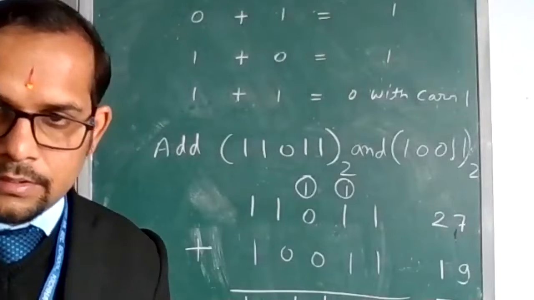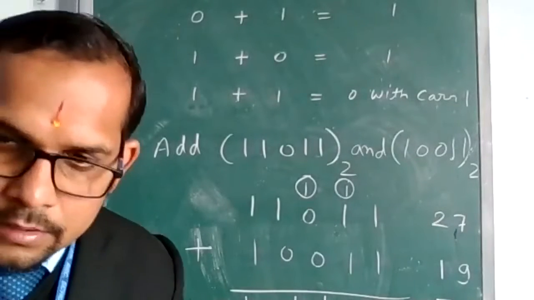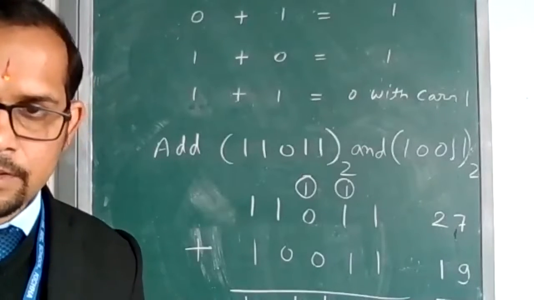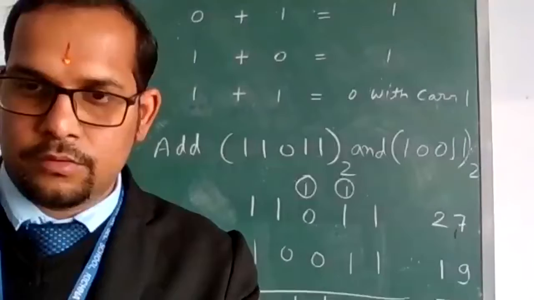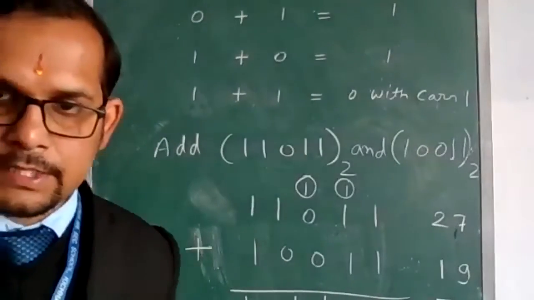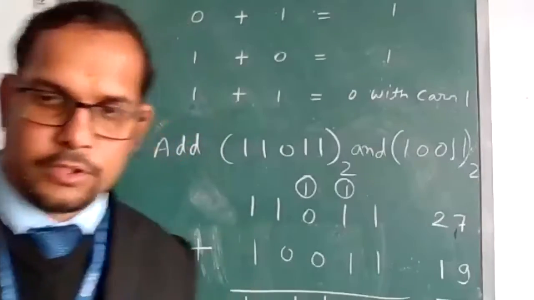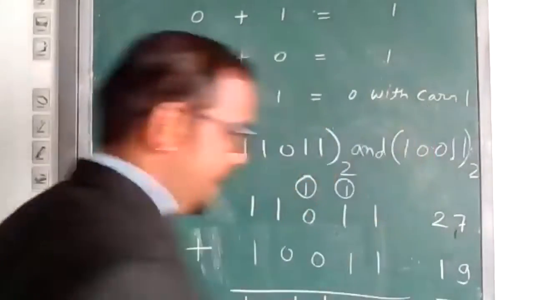Shreya, is this the final answer? 19 is not a final answer. Yes, Gauri, your answer is correct. Okay, right final answer, Shreya. 46. Yes, correct, 46 is the right answer.